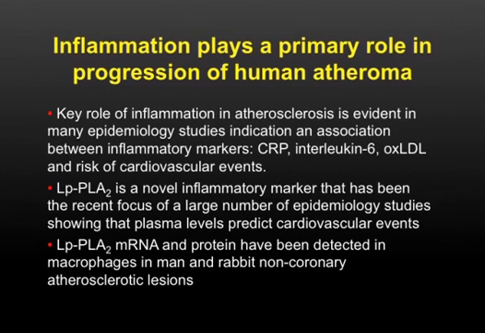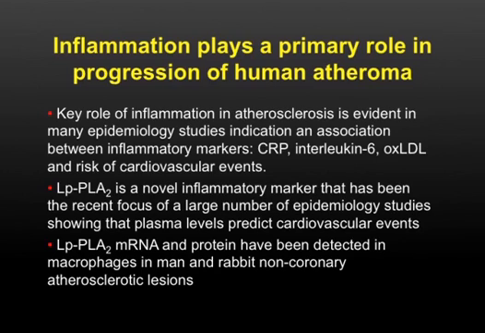So inflammation plays a primary role in the progression of human atheroma. The key role of inflammation in atherosclerosis is evident in many epidemiological studies, indicating an association between inflammatory markers such as CRP, interleukin-6, oxidized LDL, and risk for cardiovascular events.